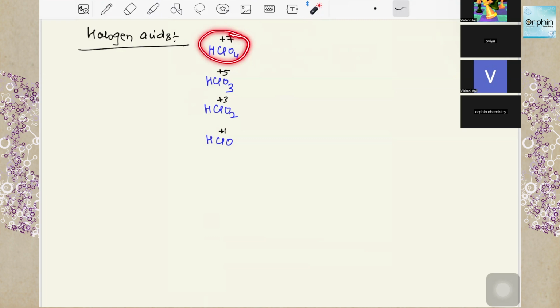So according to the naming, it should be ic acid. It should be chloric, then chlorous, then hypochlorous. Right? And then what about this one? We are not having any new name for it. For this compound only, we would have to introduce a new nomenclature. So instead of starting from ic acid, let us start from peroxy acid.